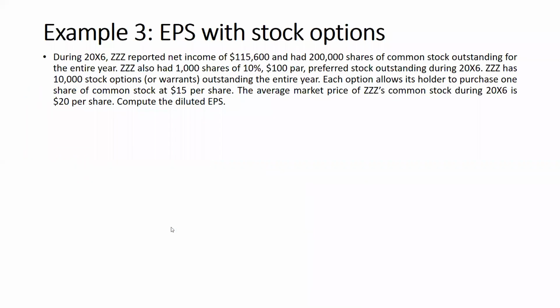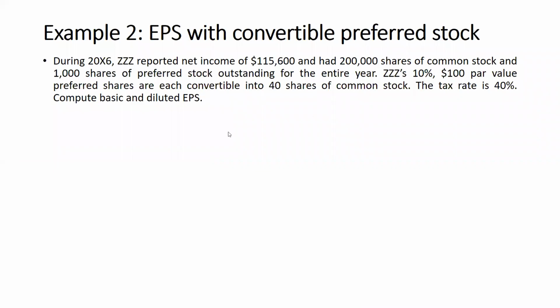When we compute, we should always try to see if there is an increase in common stock. First we start with the denominator.